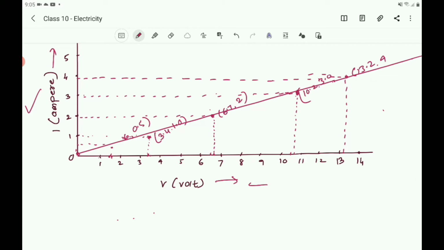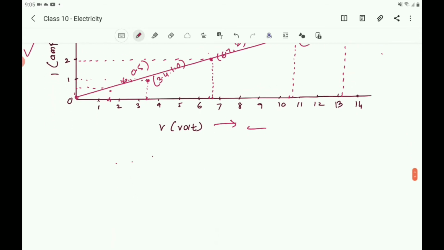Here we have to find the resistance of the resistor. To get the resistance of the resistor, you write the formula R equals, you know that, V by I. That is nothing but V2 minus V1 by I2 minus I1. Here you take any two values.